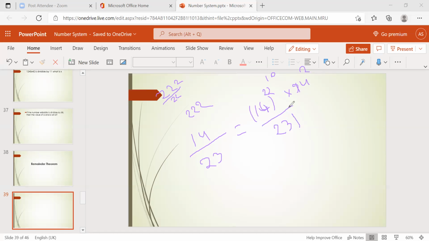Now it becomes 1 into 14 power 2 by 23. So 14 square, 14 square is 196, right? 14 square is 196 and divided by 23.